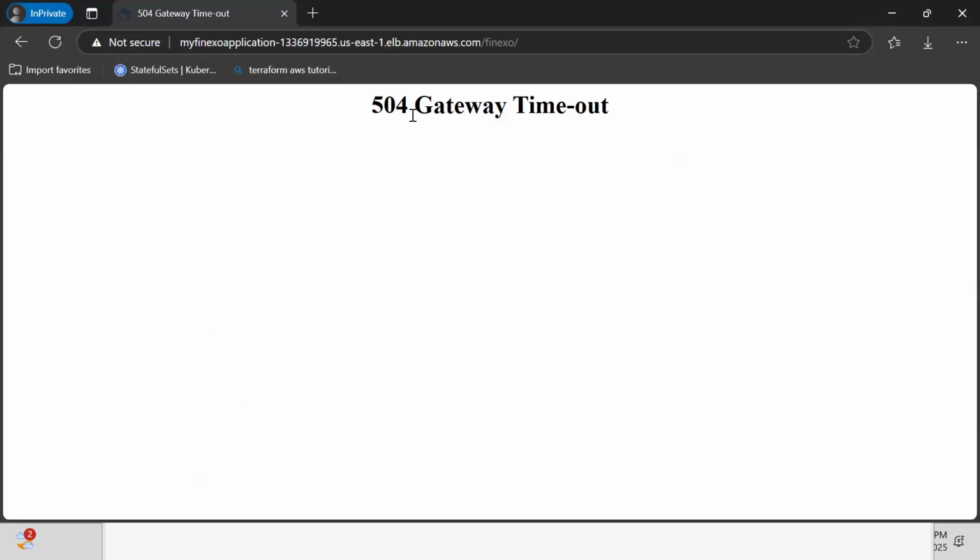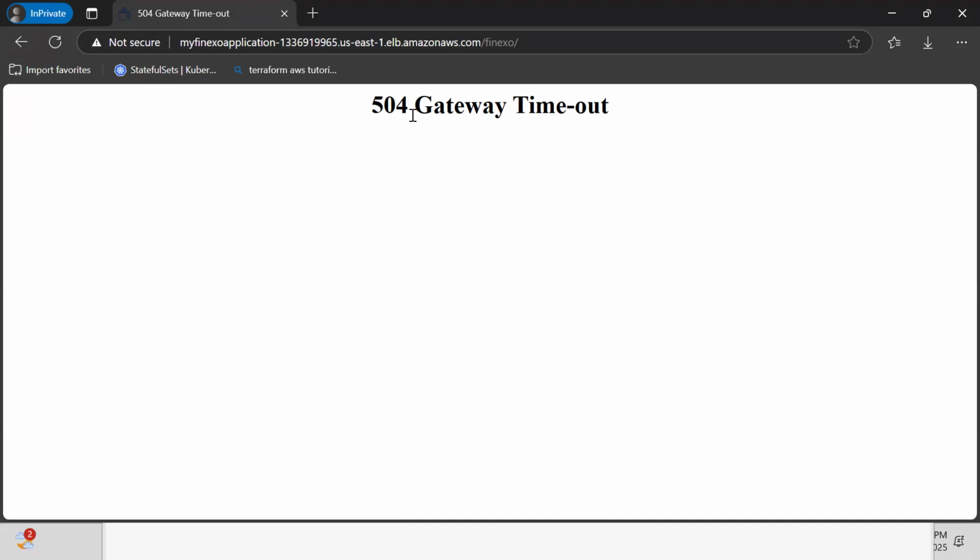What does that mean? Both the instances are unhealthy. If I power on any of those instances again, what is going to happen? In the target group it will become active again, and it will decide to redirect the traffic to the healthy instance.